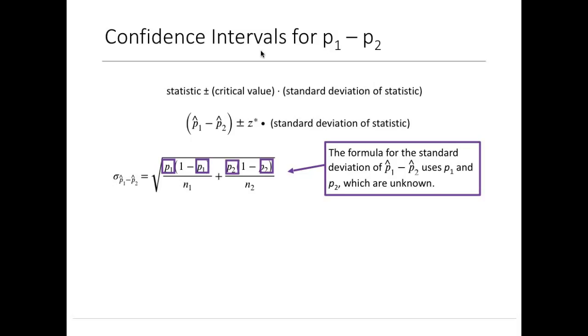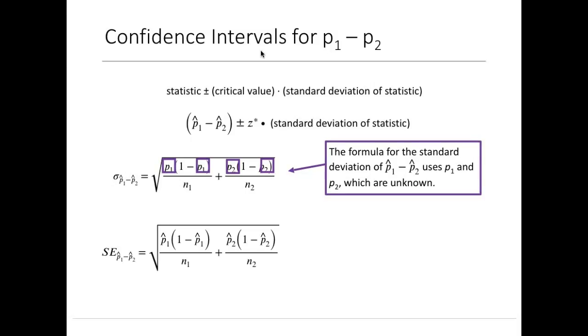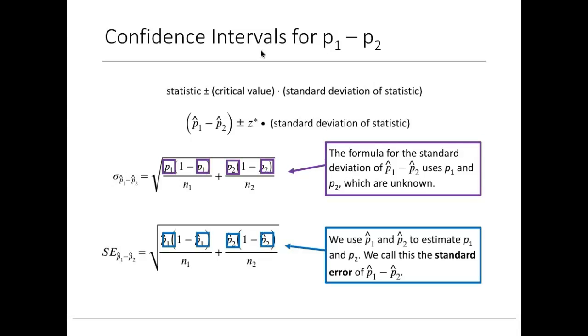Here, normally, if we wanted the standard deviation, it uses the proportion P1 and the proportion P2, which are unknown. Those are the things we're trying to capture in our confidence interval. So we replace them with P1 hat and P2 hat, our statistic, in which case we stop calling it standard deviation. Do you remember what we call it when we replace those? Standard error.